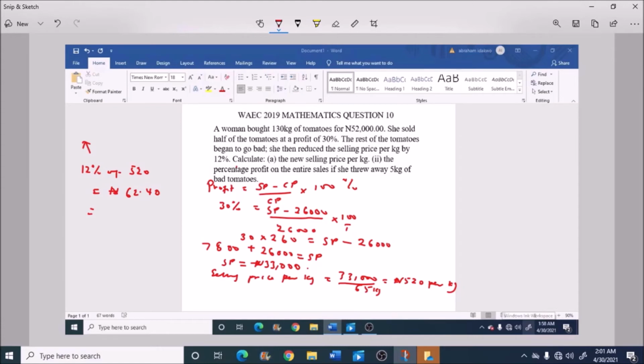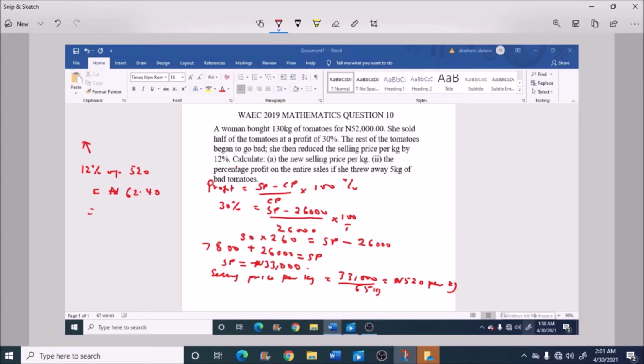So the new selling price of 60 kilograms of tomatoes will now be equal to 457 naira times 60 kg. This will be equal to 27 naira 456 kobo.